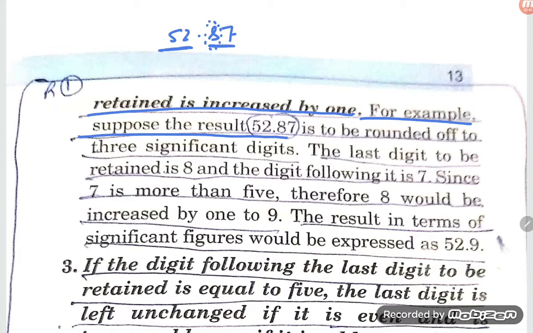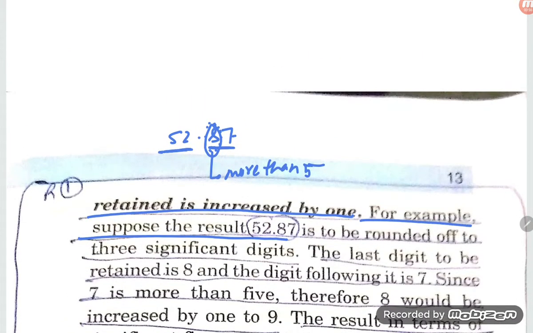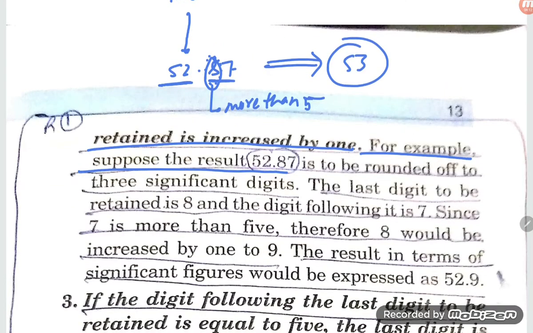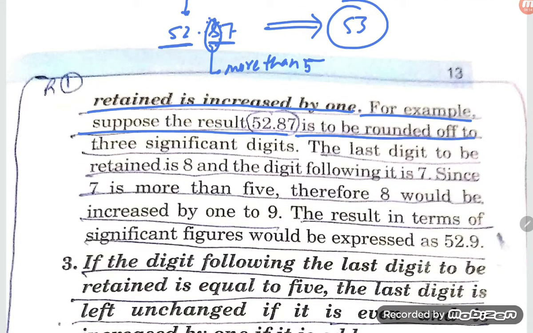This 8 is more than 5. If it is more than 5, we have to increase the previous digit by 1. So the required answer will be 53.